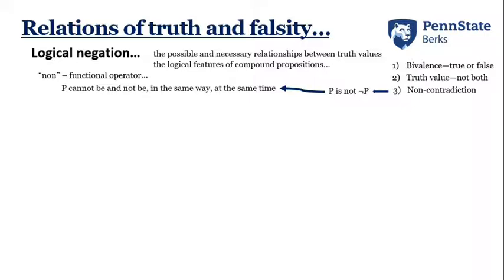To say what the principle of non-contradiction is, I'll give you this phrase and then I'll put it into a sentence. It's much easier to see in the sentence, and it's going to be something you'll identify with pretty quickly. So the law of non-contradiction means that P cannot be and not be in the same way at the same time. So if somebody were to say, is that apple ripe?